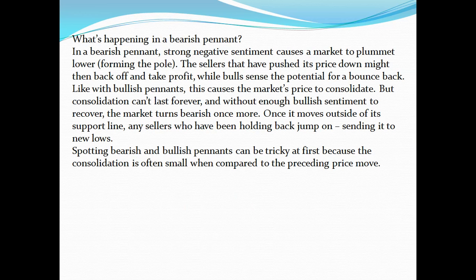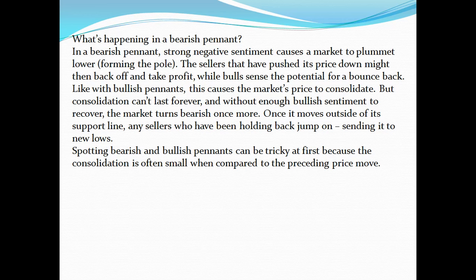What is happening in a bearish pennant? You have to see that in a bearish pennant, strong negative sentiment causes the market to plummet lower, forming the pole. The sellers that have pushed the price down might then back off and take profit, while bulls sense the potential for a bounce back.